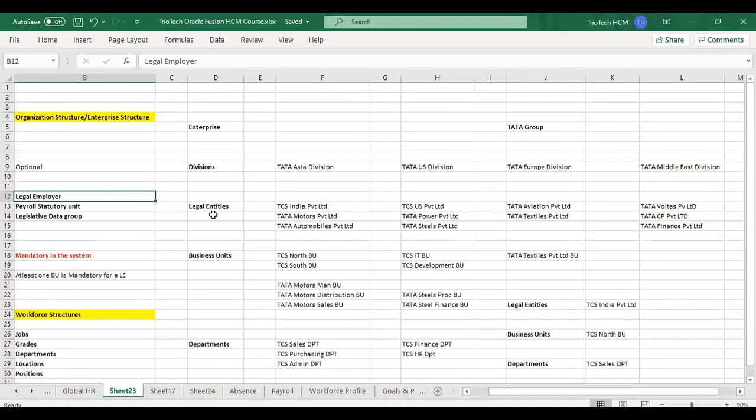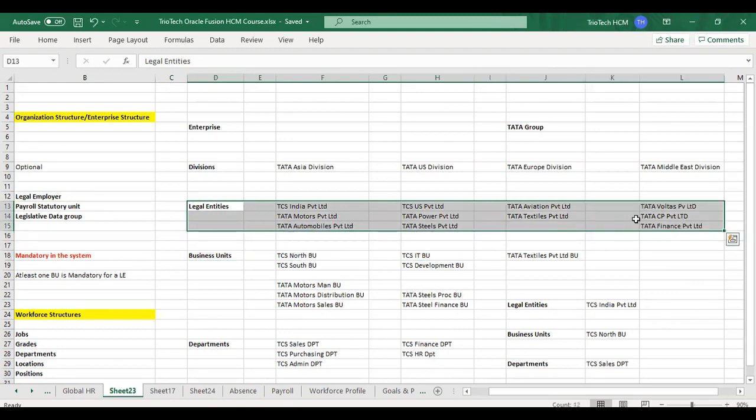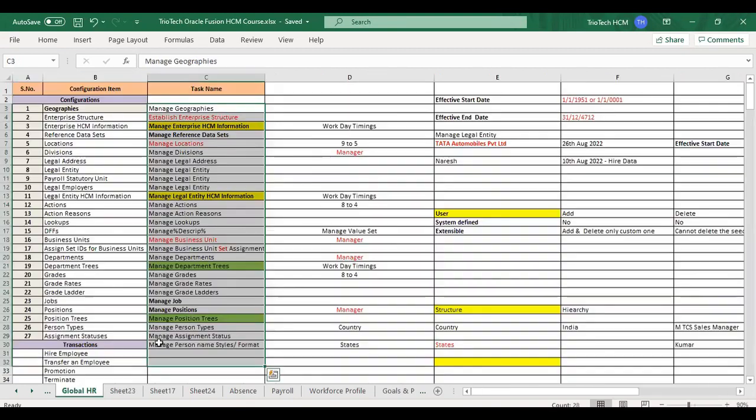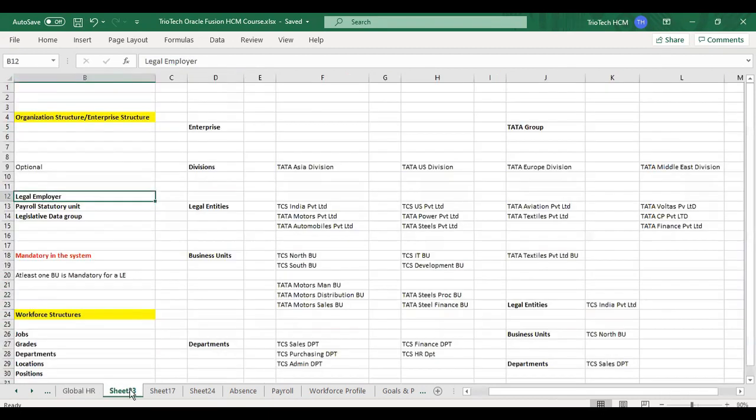So every legal entity, when you configure them in the system, if you want to hire the employees in them, you have to make that legal entity a legal employer. How to do that? In the core HR configurations, once we start configuring our legal entity setups, I will show you too. It's a very simple thing, just a checkbox. When we're configuring a legal entity, through a checkbox we can make it a legal employer. So what is a legal employer? You understood. Okay.